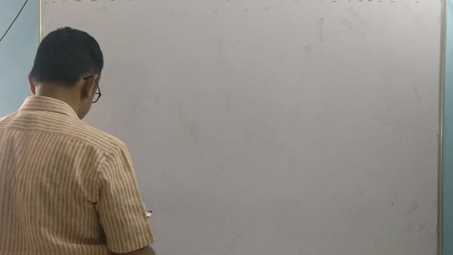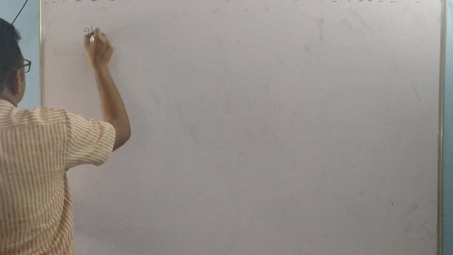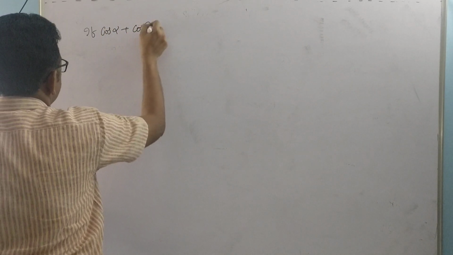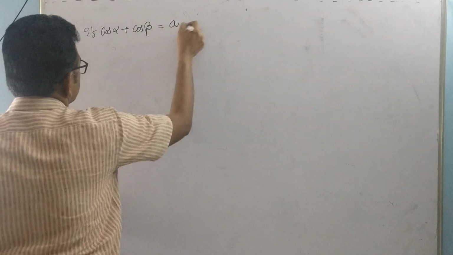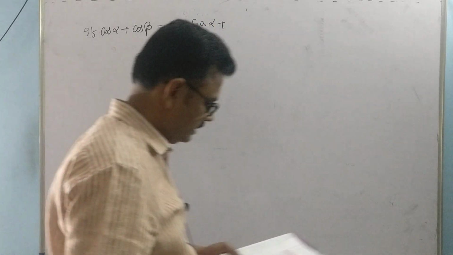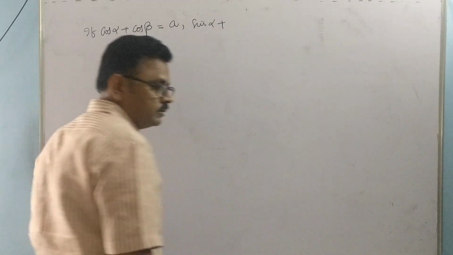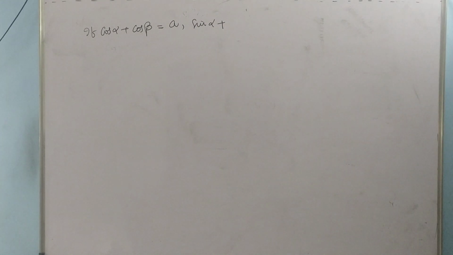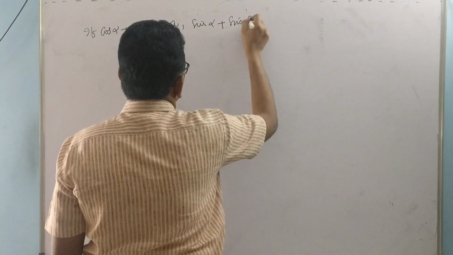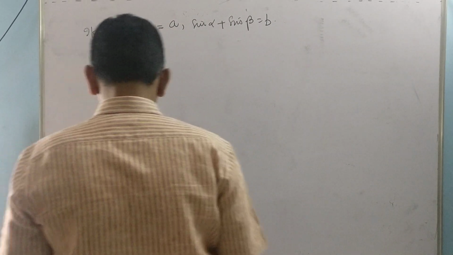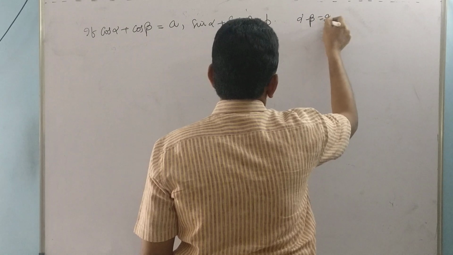Next one. cos alpha plus cos beta is equal to A, and sin alpha plus sin beta is equal to B, and given alpha minus beta is equal to 2 theta.